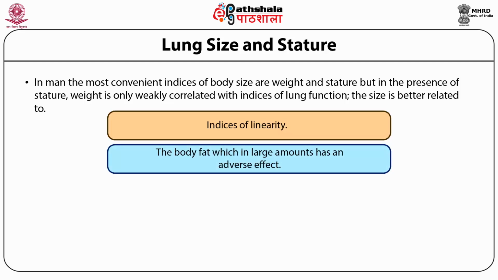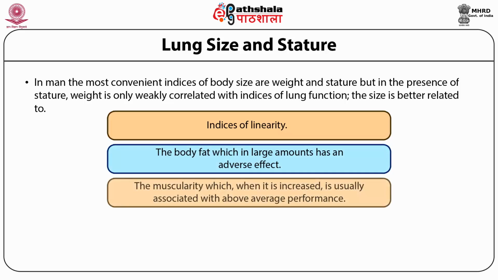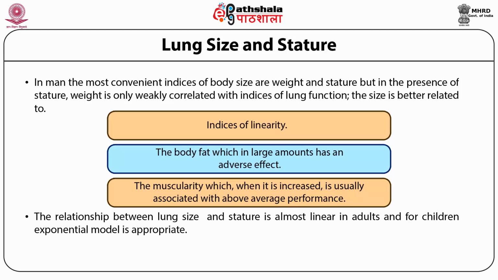Body fat, which in large amount has an adverse effect, and muscularity, which when increased is usually associated with average performance. Stature is reported to be positively correlated with lung size as compared to any other measurement. The relationship between lung size and stature is almost linear in adults, and for children, an exponential model is suggested.